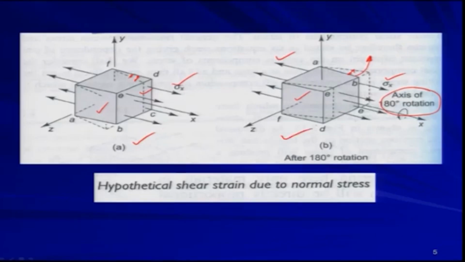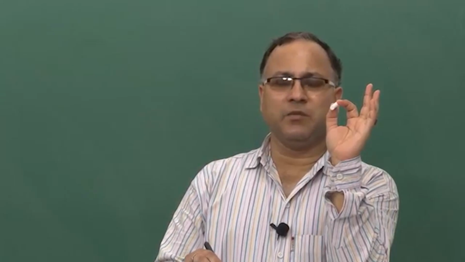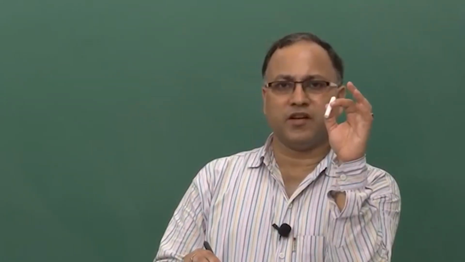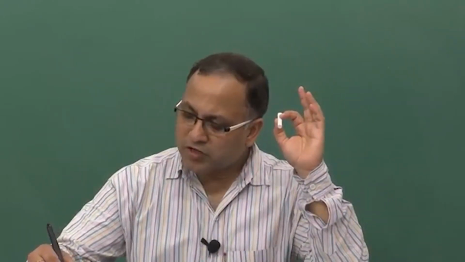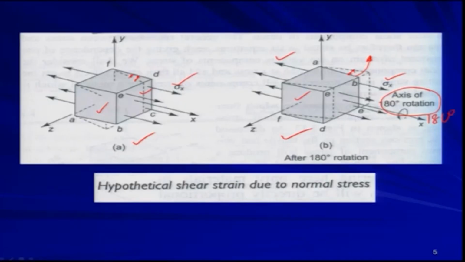Now, if you compare this figure and this figure, you are just rotating the axis, nothing else. You are not changing the stress, you are not changing the material, nothing is changed in this configuration. The only change you are making is giving a 180 degree rotation to the x axis. With that rotation, you are getting the shear strain in the opposite sense.